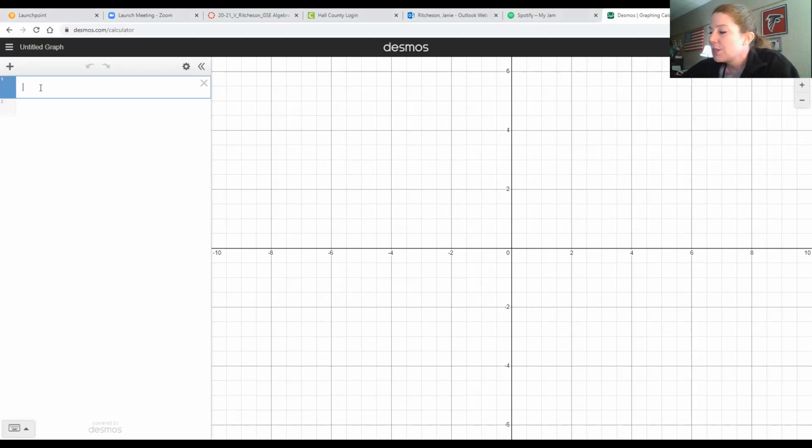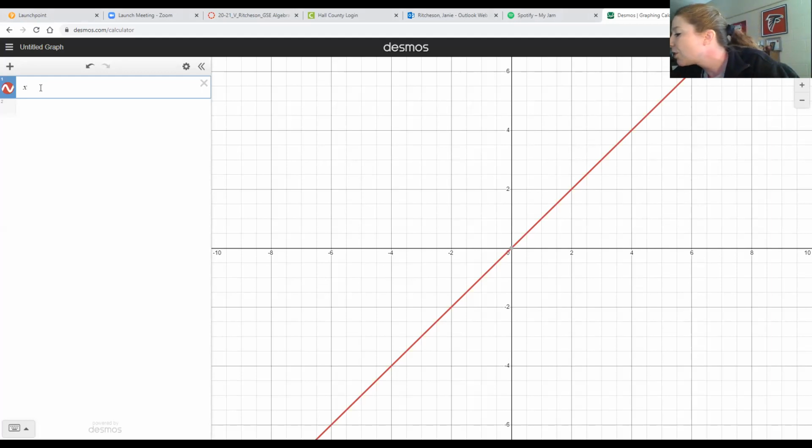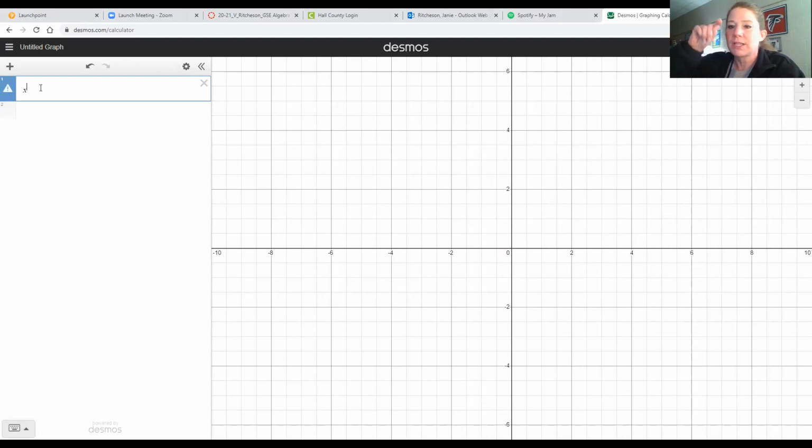How cool is that? Even though you might have some equations that have variables other than x and y, you can only use x and y in Desmos. So let's say I want to do x squared. Use your shift and then your caret button, the one that looks like the top of an arrow. So x squared, and then I'm going to right click.